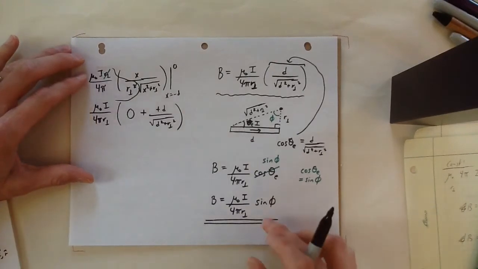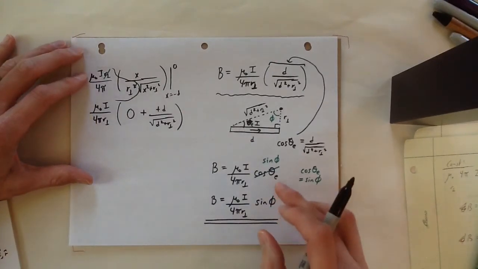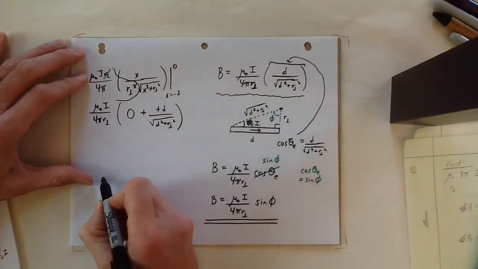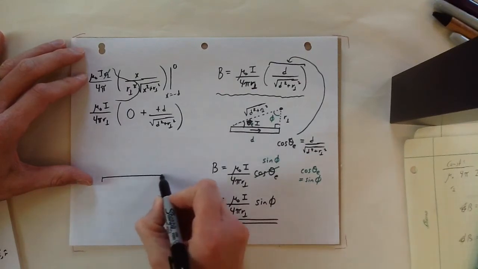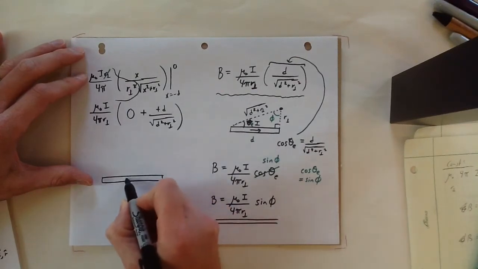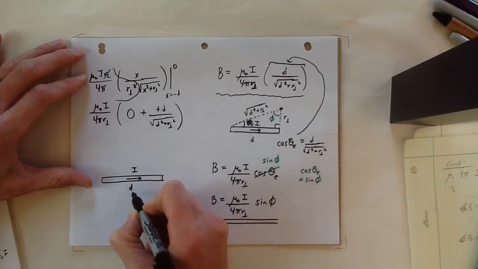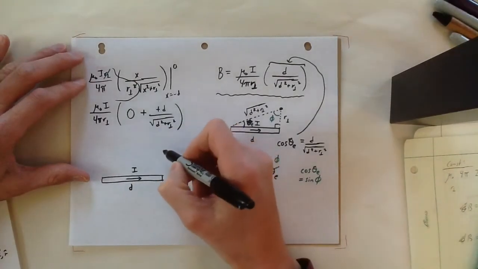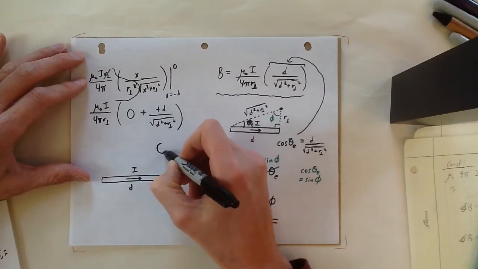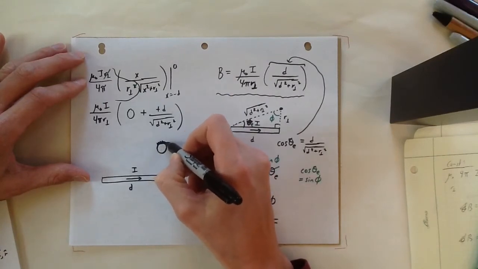Now you might say, why is phi better than theta? Let me show you why. So let's say you have this current segment, and it's a distance d, okay? And you're over here. I'm going to draw a little cartoon person.